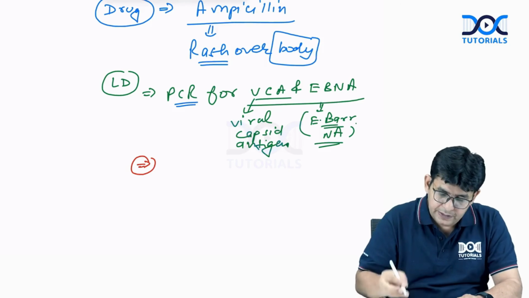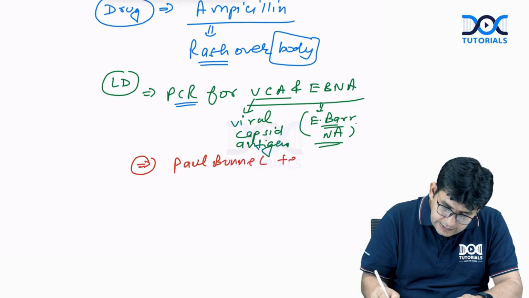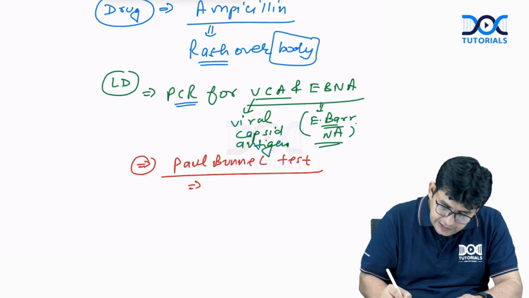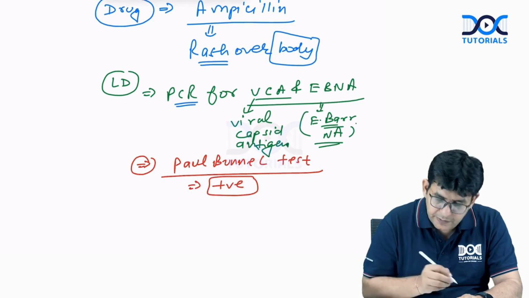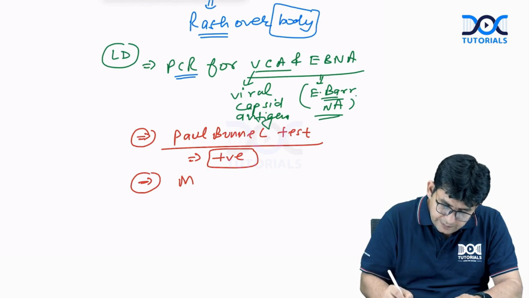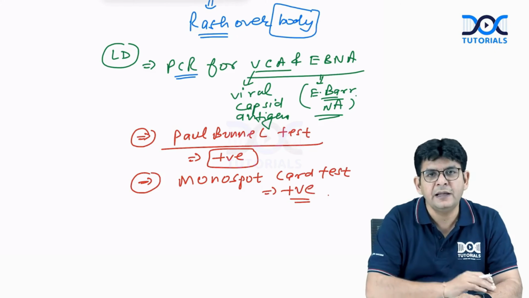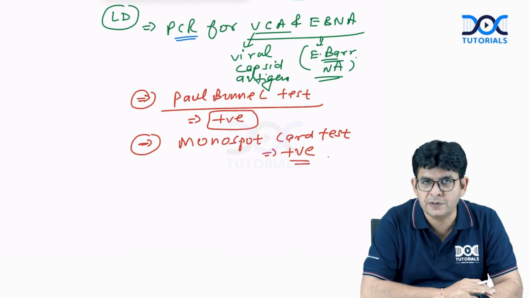In this regard, you can go for the Paul-Bunnell test. The Paul-Bunnell test, which is a heterophile agglutination test, is found to be positive. The modification of the same in the form of a card, that is the monospot card test, also is found to be positive in infectious mononucleosis.